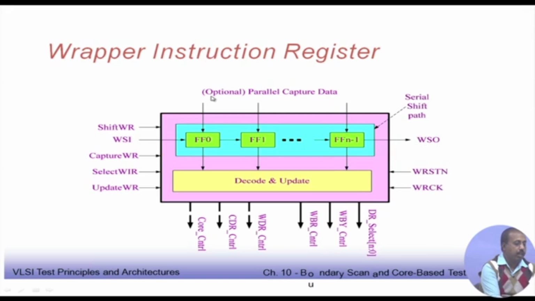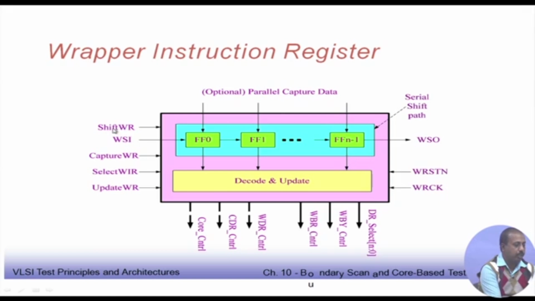This wrapper instruction register can be loaded in parallel as well. The parallel capture data may be coming from the parallel port, or some other source, but this provision is optional. Maybe from the parallel port we want to load this instruction register directly with some instruction, so that can be done.